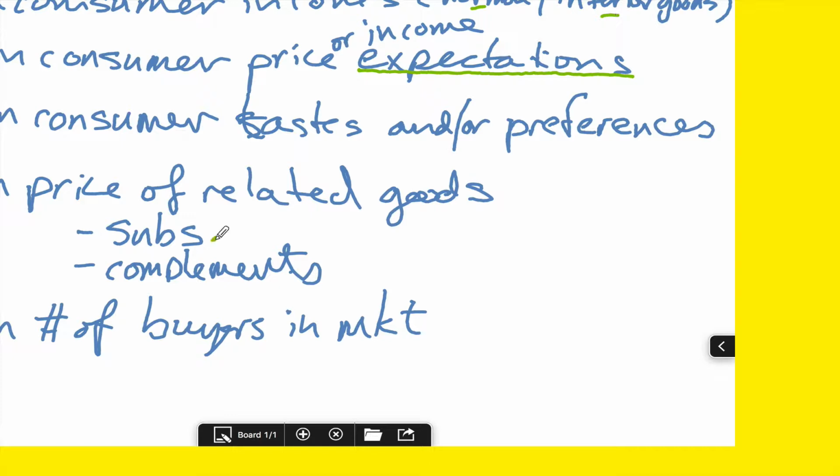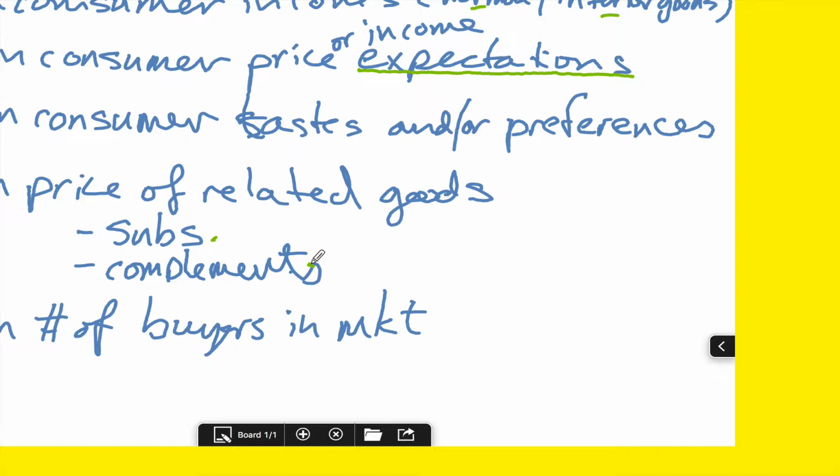Substitutes and complements. Explain those. Like two items that you buy together. For instance, like car insurance and a car.